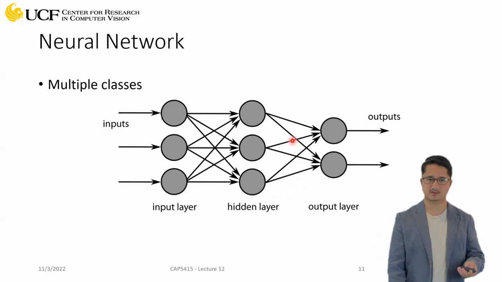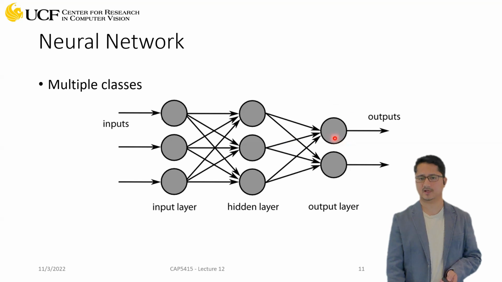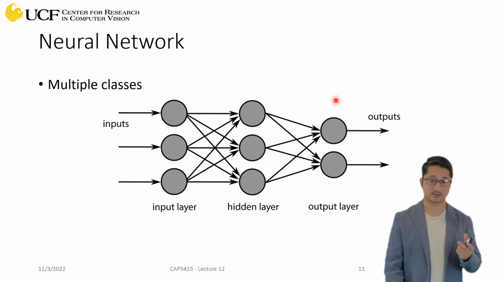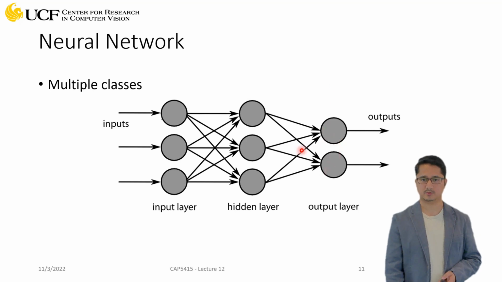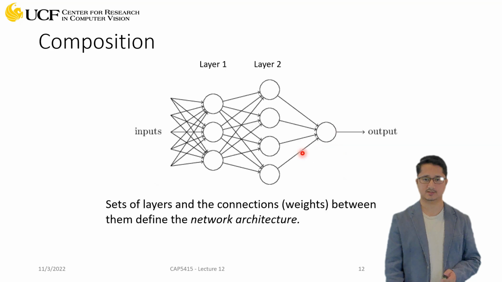But in the case of CNNs or neural networks, all you have to do is add additional neurons. For each class, you can have a neuron, and you use the output of that neuron to estimate whether this particular class is present or not. So solving a multi-class classification problem is much easier in this case, which is good news.